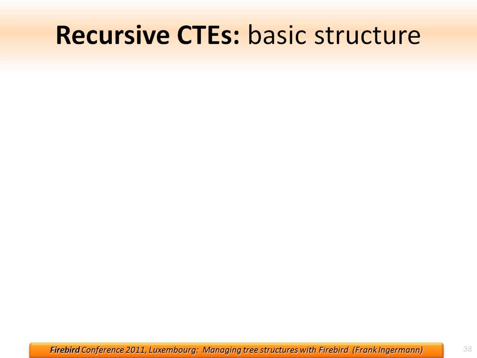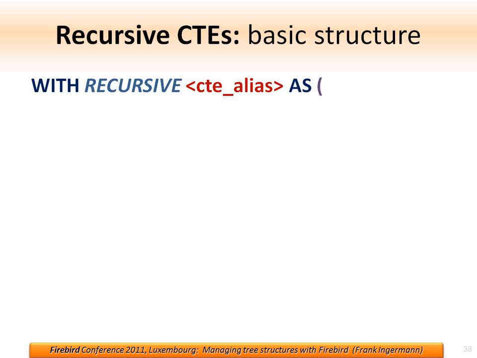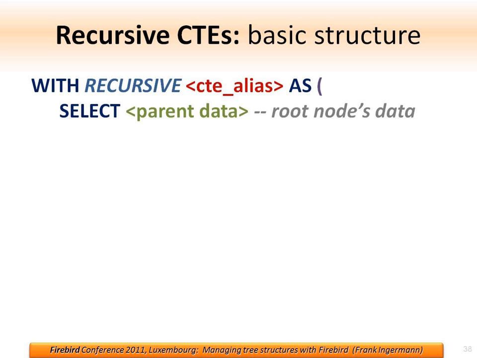Let's take a look at how this works in SQL syntax. The key thing is, if you want to do a recursive CTE, you have to tell the engine by using RECURSIVE. And then it's just like with non-recursive CTEs. First, you start off with selecting the root nodes' data. And the magic thing here is the UNION ALL that comes after that.